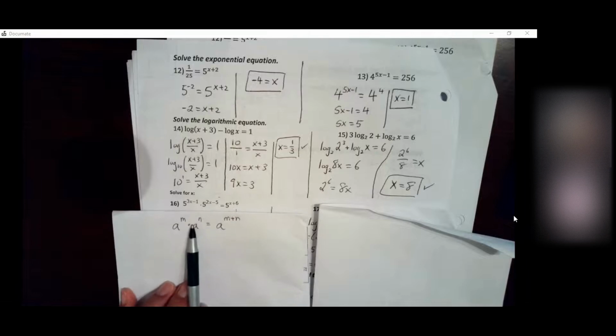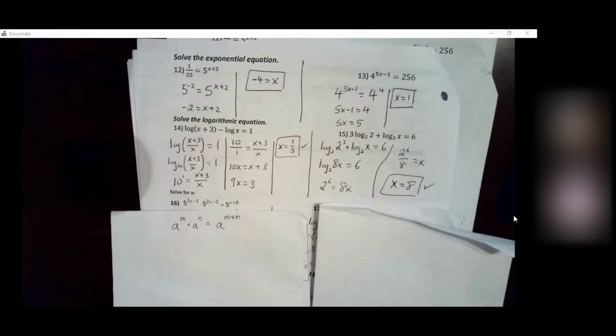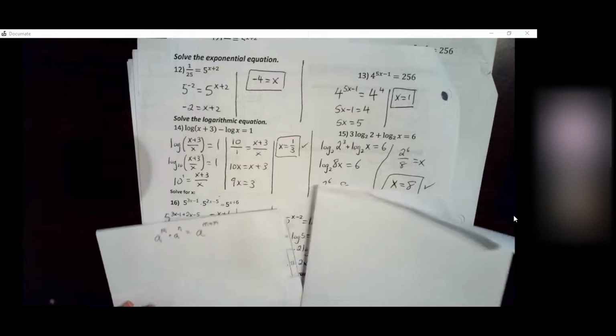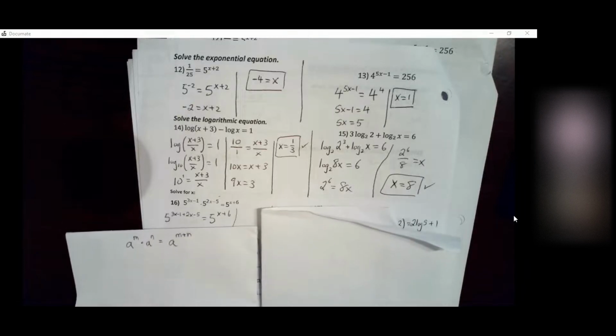It's just the exponents that get added together. So 5x minus 6 equals 5x plus 6. The 5's cancel out. 5x minus 6 equals x plus 6. X equals 3. Yep.